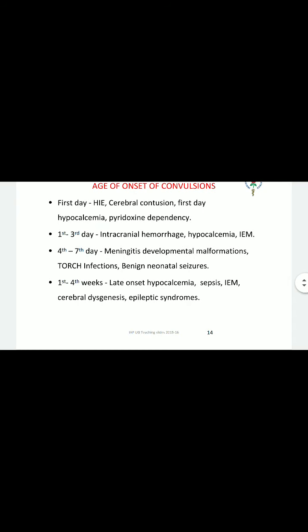Between 1 to 3 days, the probable cause is intracranial hemorrhage. Hypocalcemia can also produce seizures at this age, and another important cause is inborn errors of metabolism. I told you phenylketonuria, galactosemia, glycogen storage disorder. There are so many conditions.